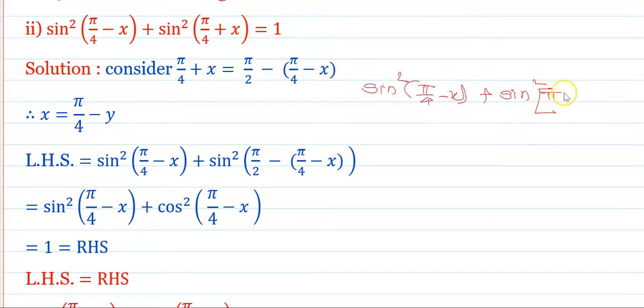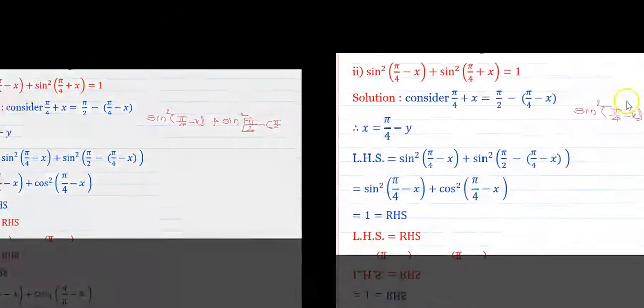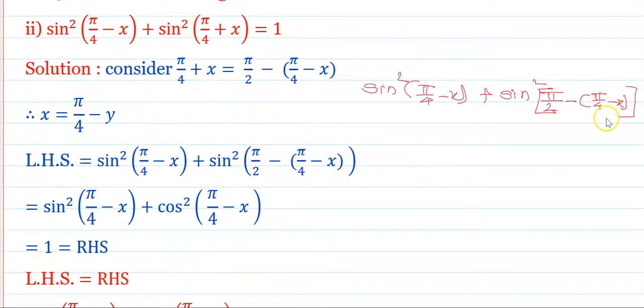That is pi by 2 minus, in bracket, pi by 4 minus x, bracket complete. Okay. Now here sine of pi by 2 minus theta will become cos theta. If we simplify, pi by 4 minus pi by 2, you will get pi by 4.